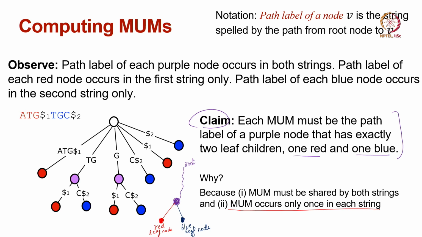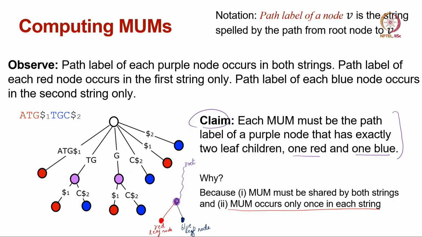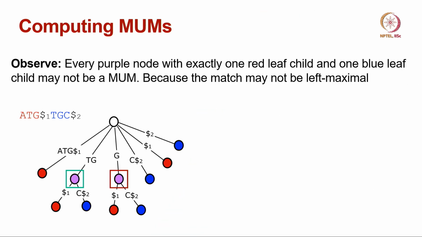However, one caveat here is that this is just a one way property. One observation that we have to make is that every purple node with exactly one red leaf child and one blue child may not be a MUM. You can see this example as well.